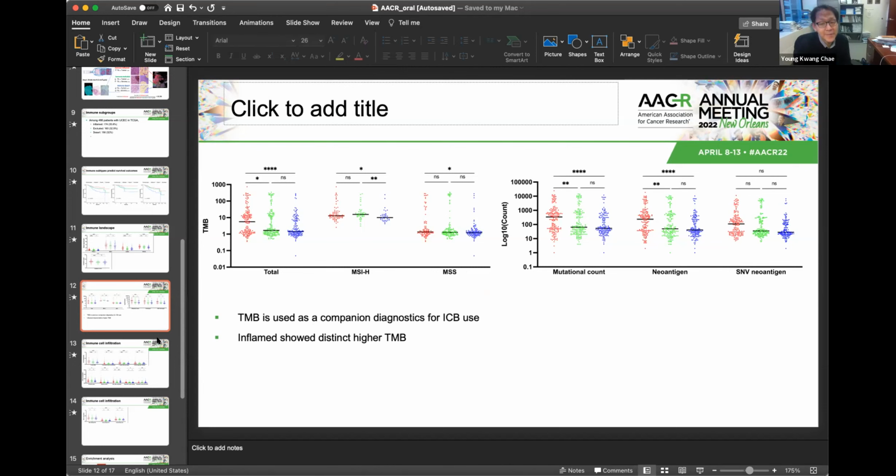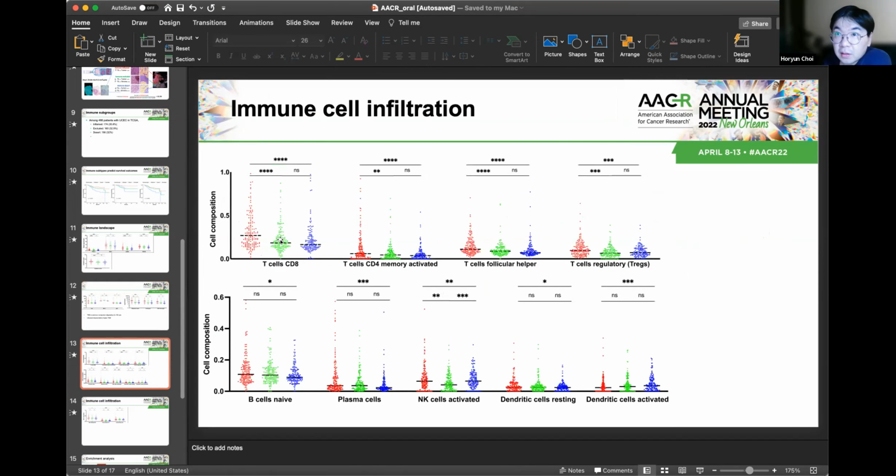And then I checked immune cell infiltration by using CIBERSORT. As we expected, CD8 T cell is higher in the inflamed group compared to other groups.